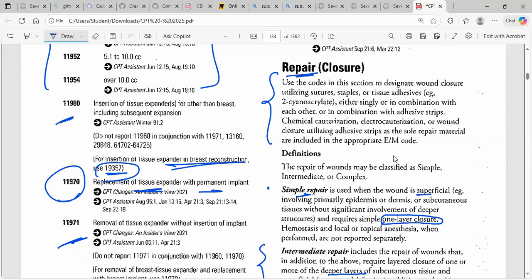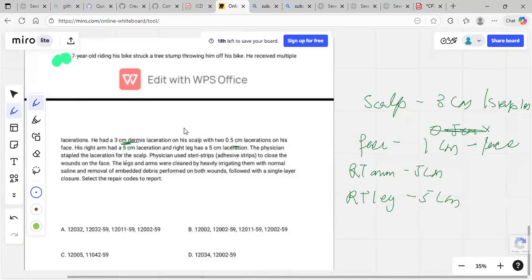It will be included in the E&M and we are not going to bill that separately. So we are not going to bill for the face because it was closed with adhesive strips.